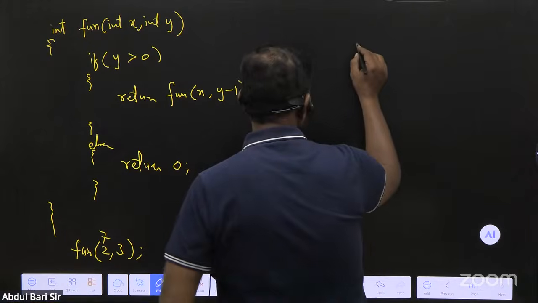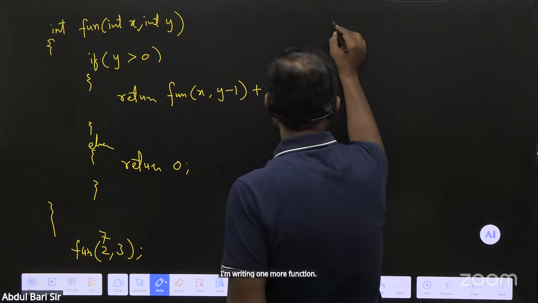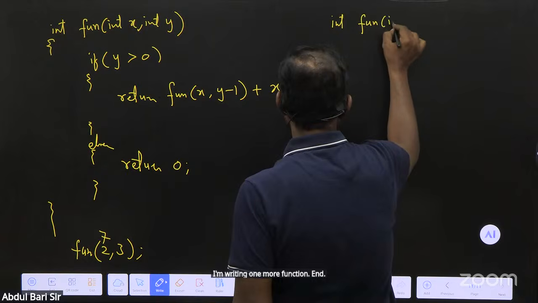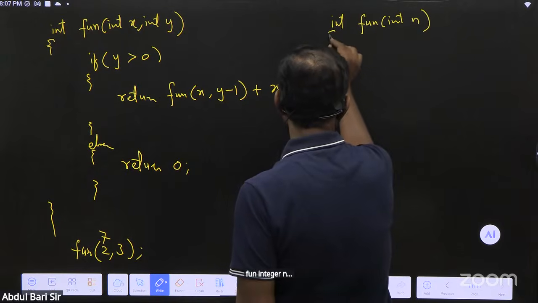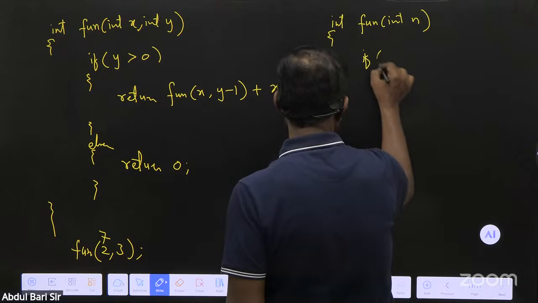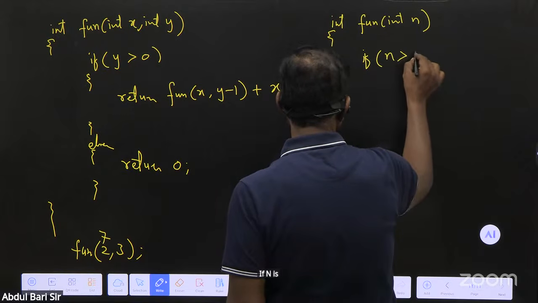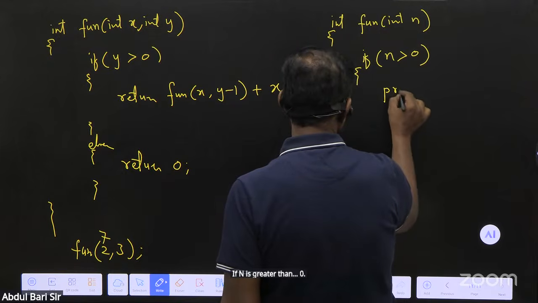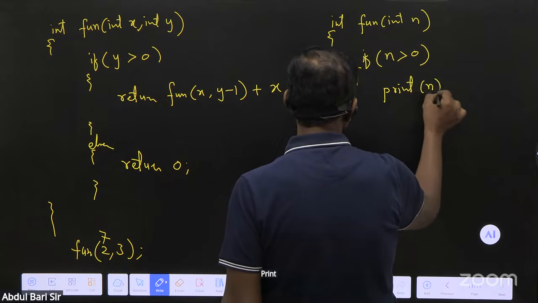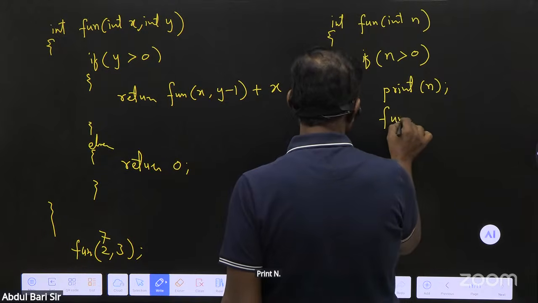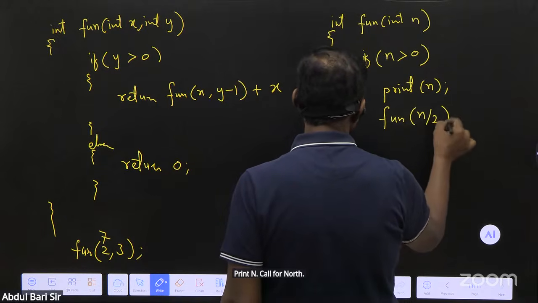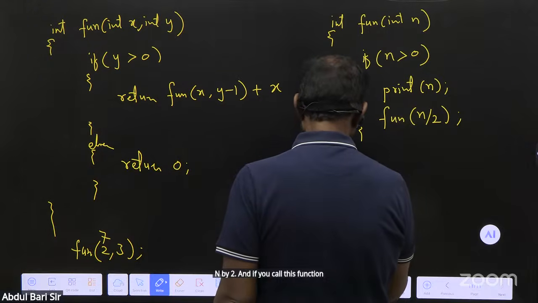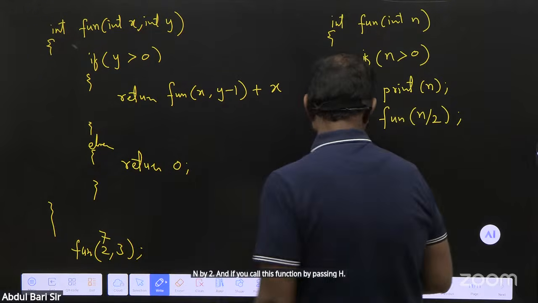I'm writing one more function. Int fun of integer n: if n is greater than 0, print n, call fun of n by 2. And if you call this function by passing 8, what will be the output?